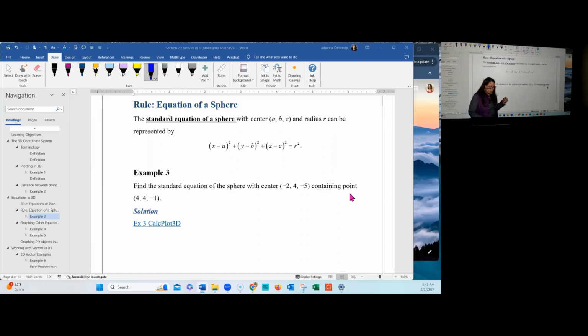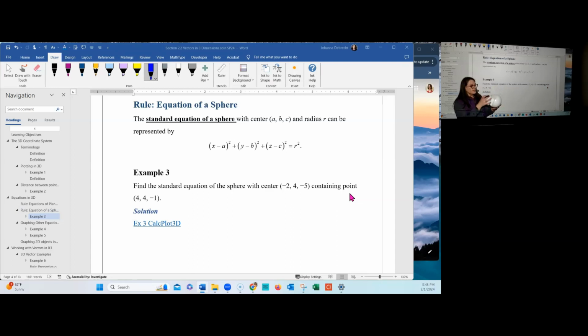So when we're looking at a sphere, the center of the sphere, of course, is not actually on the sphere. The center of the sphere is right here in the center. And the radius is this distance from the center of the sphere out to the surface of the sphere.